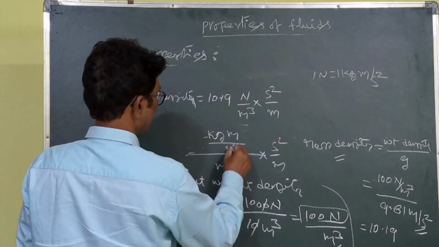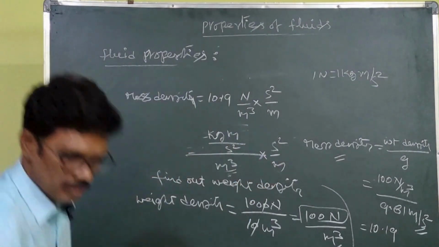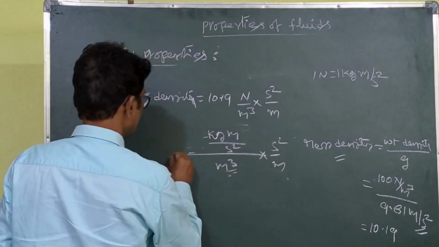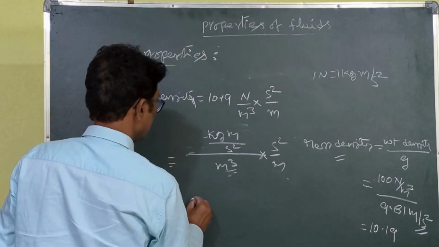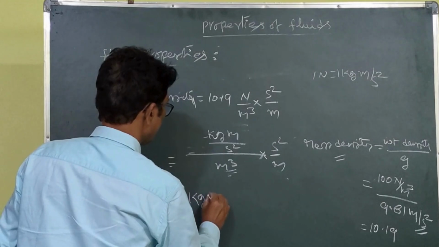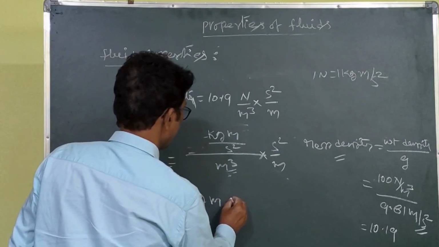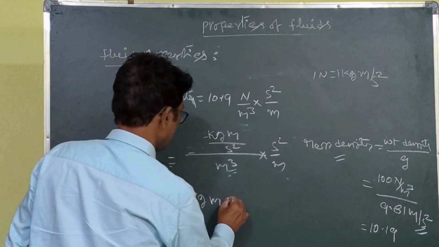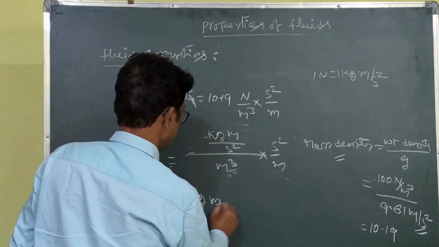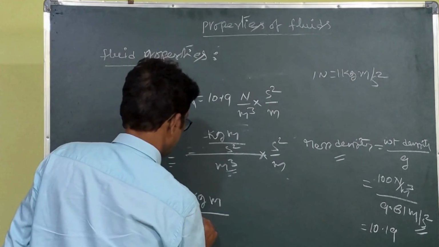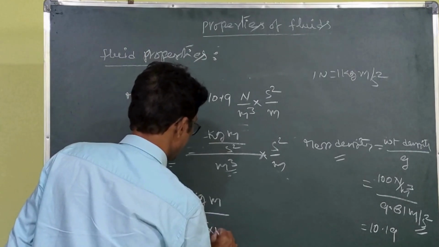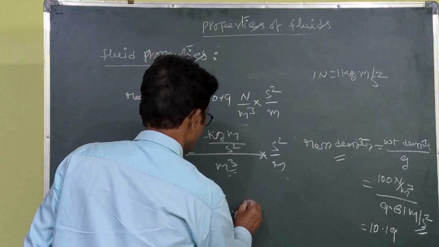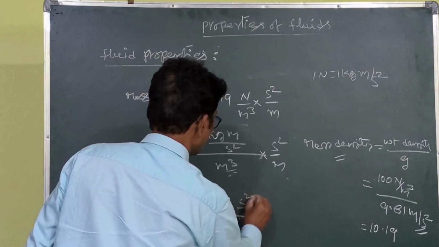So therefore they will get cancelled. We can write it like this: kg meter divided by second square into meter cube, into second square meter.